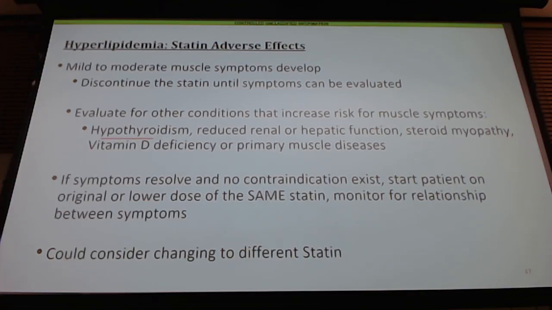So hypothyroidism can put them at a higher risk of having a statin-induced myopathy. Vitamin D deficiency puts them at a higher risk of having a statin-induced myopathy. So let's check for those things and make sure that those aren't going on, because if I fix those things, then maybe they're going to tolerate that statin again. Okay.